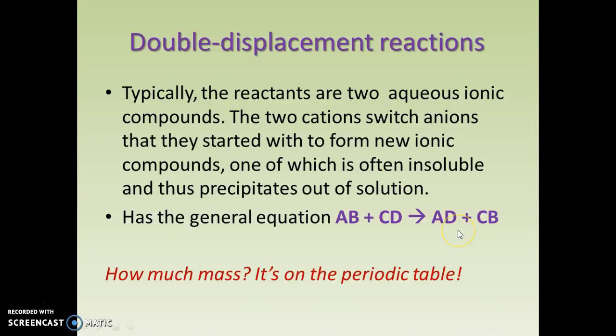And this order does matter. So you notice before I talked about the reactants, instead of AB plus CD, I could say CD plus AB. That doesn't matter. But on the product side, when we see CB, we can't do BC. That order does matter.